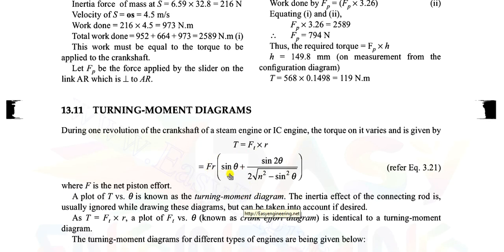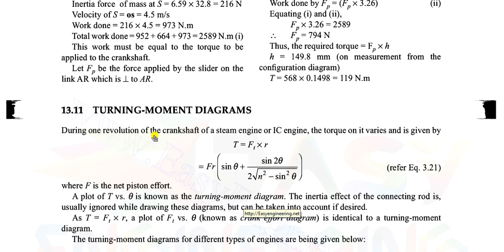This was F into R sine theta, because Ft was F sine theta plus sine 2 theta by 2n only, or if you don't approximate it will be sine 2 theta by 2 square root n square minus sine square theta. So this was the formula to calculate turning moment on the crank, and that will produce power.